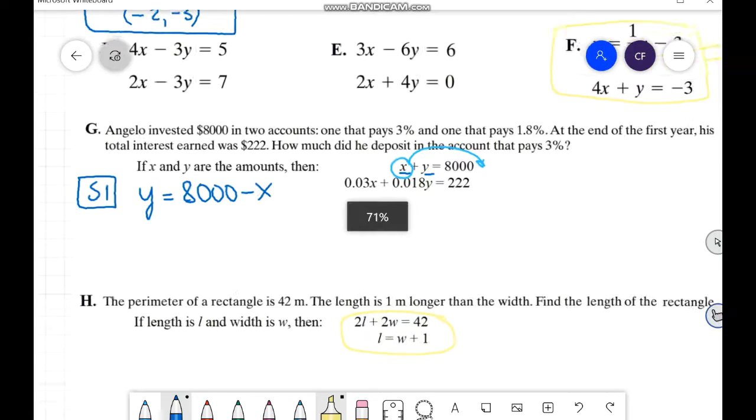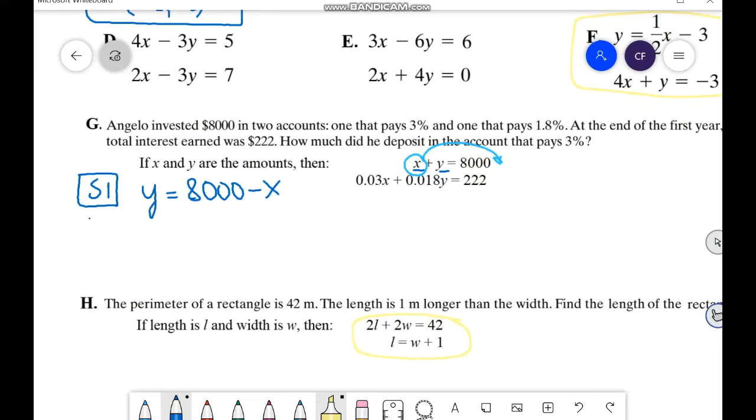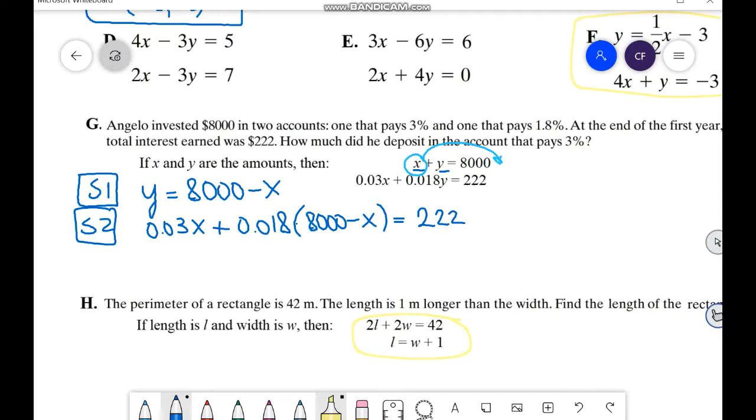Now step number 2, get the next equation here, 0.03x plus 0.018y, but instead of y, I'm going to write this, 8,000 minus x equals 222. Okay.